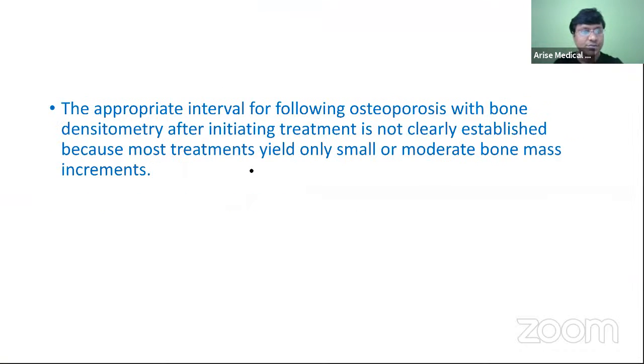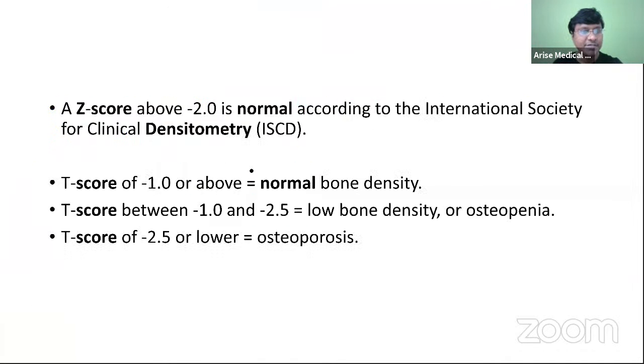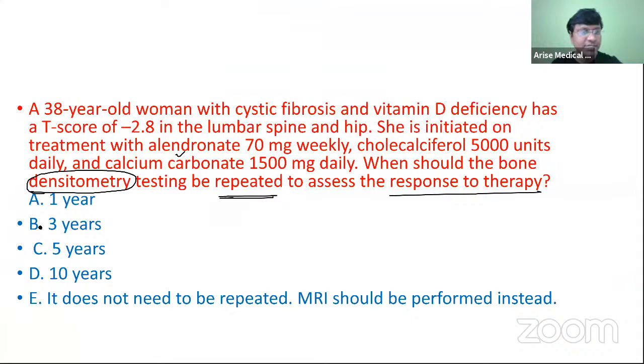Okay, so the answer in this particular question is 3 years. Why? Because you don't have 2 years as an option. The earliest will be more than 2 years, so the best answer here will be 3 years. And what is the response you have to see?